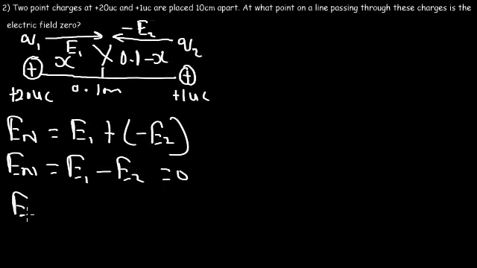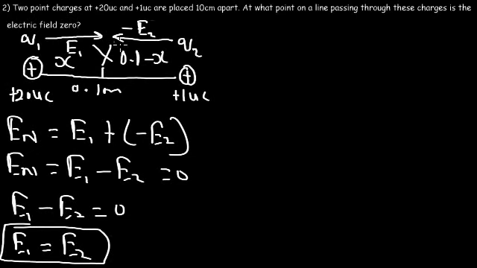So therefore, E sub 1 minus E sub 2 equals 0. What if I bring E sub 2 to this side? That is, I add E sub 2 to both sides. We can clearly say that E sub 1 will be equal to E sub 2. And this equation right here will help me solve for the value of x, which will be the distance at which the net electric field equals 0.